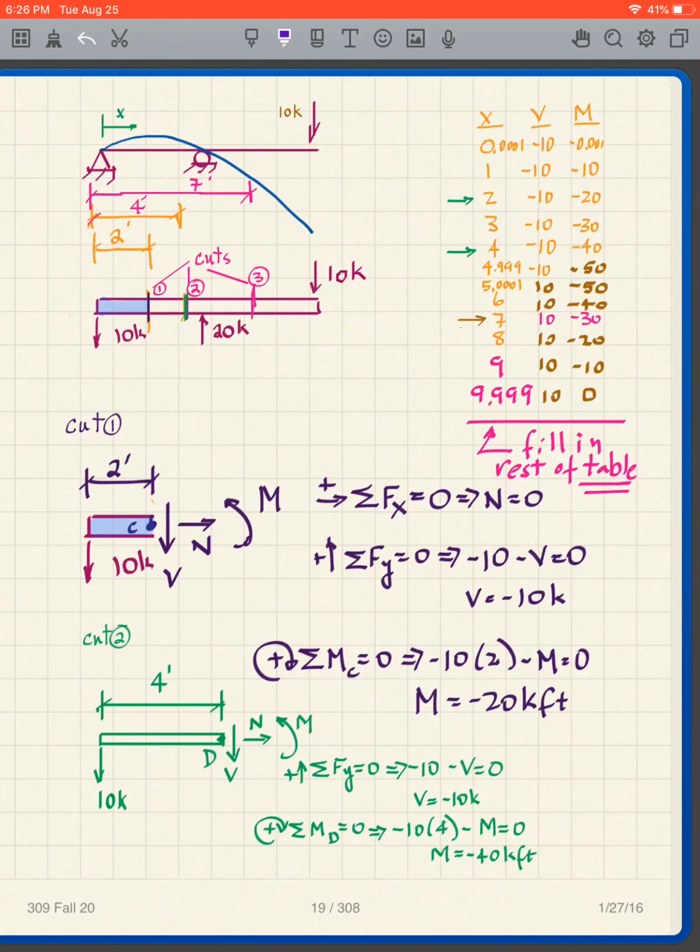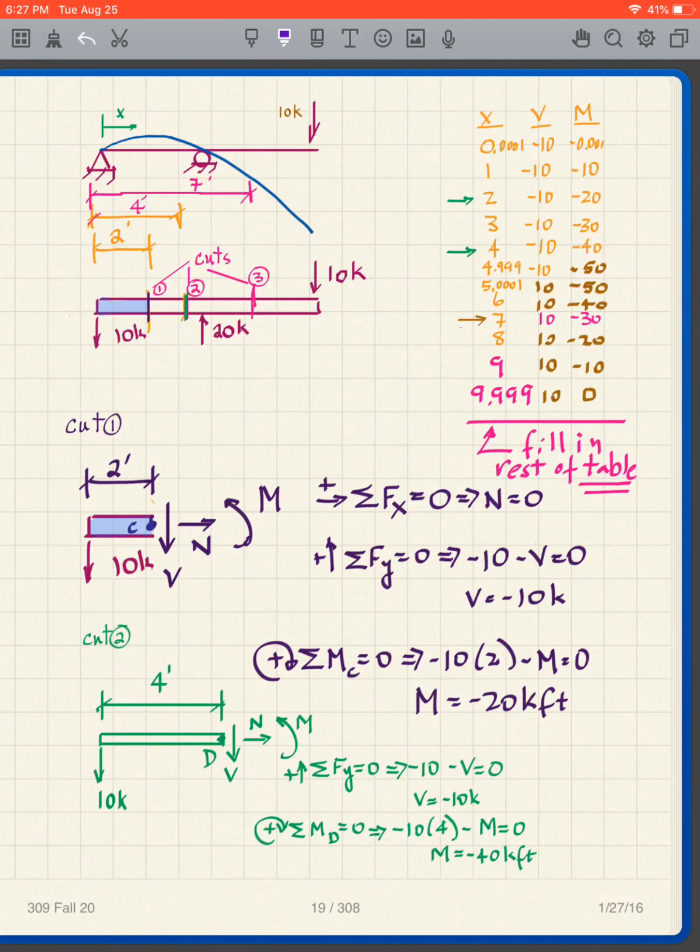Now here at 2, I get negative 20. At 4, I get negative 40. Guess what? You can do the calculation. At 3, I get negative 30. At 1, I get negative 10. And at 4.9999999, I would get negative 49.999999999, which is close enough to negative 50, so I'm going to call it negative 50.